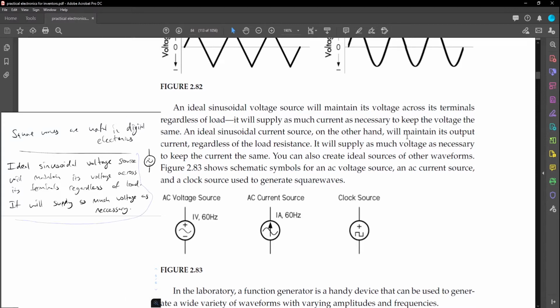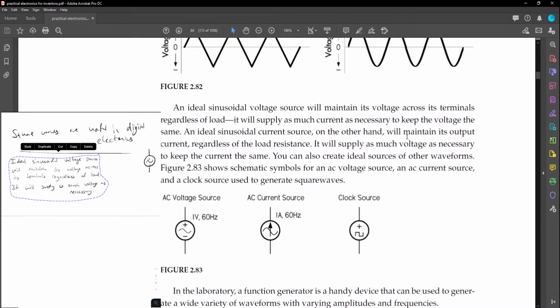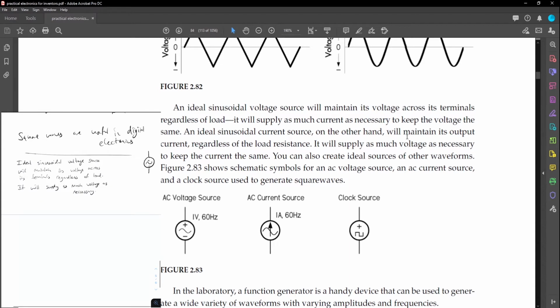I just want to fit that last bit in. It would supply as much, no, not as much voltage, as much current as necessary to keep the voltage the same.